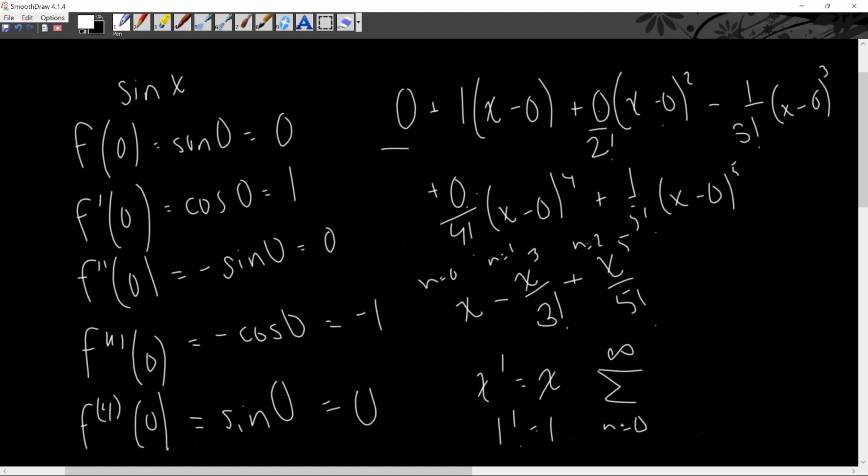But it's not just a flat n plus 1, because if we go to n equals 1, 1 plus 1, we get 2, right? So we have to do something to the n so that when n is 0 we still get 1, but if we make n equals 1, we should get 3. I don't feel the need to explain why, but it's going to be 2n plus 1, right? 2 times 0 plus 1 is 1, and then 2 times 1 plus 1 is 3.